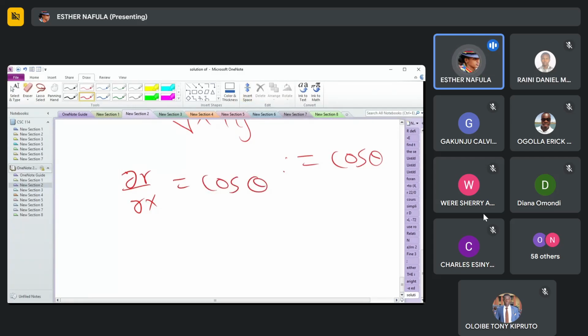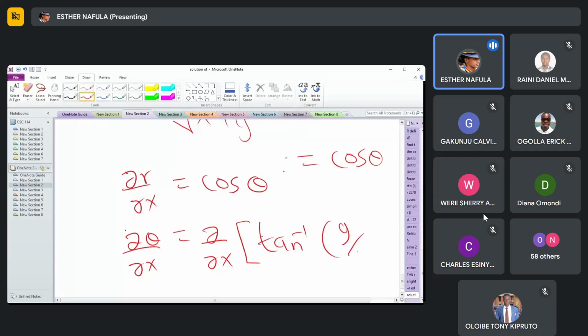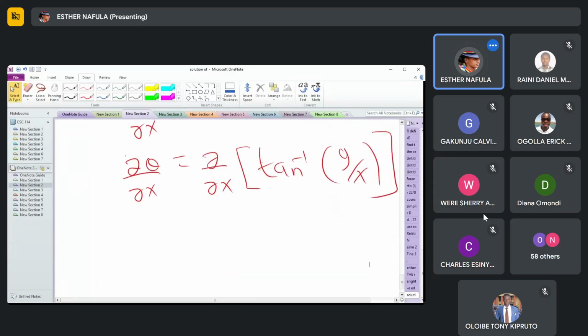We can also obtain partial theta, partial x. This is the partial derivative with respect to x of theta, but theta is equal to tan inverse of y over x. So the derivative of arctan is given as 1.